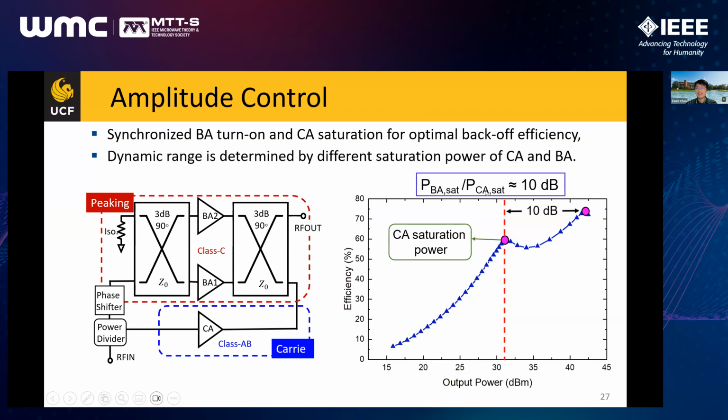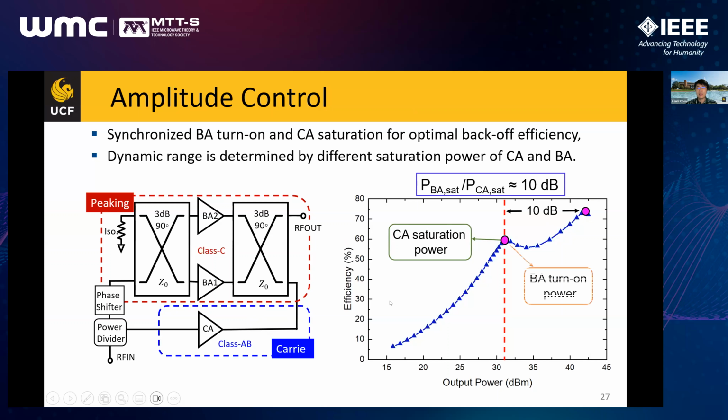So this basically sets the ratio between the power of the carrier and the peaking device to roughly 10 dB, because the peaking device will generate the majority of the power in the saturation region. And second, we need to synchronize the turning on of this peaking device and the saturation of this control amplifier, or the carrier.